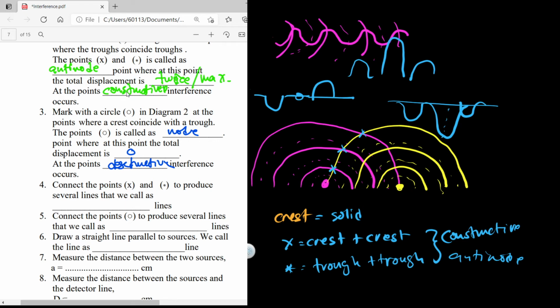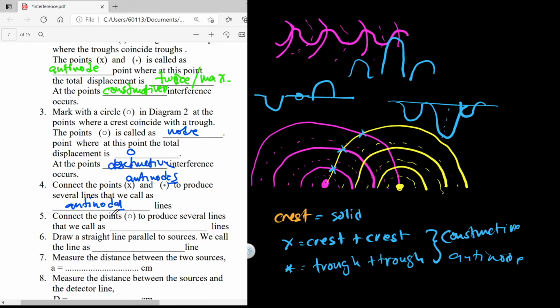X and star are constructive, so they are antinodes. We connect all of the antinodes to produce several lines, and we call these lines antinodal lines. Antinode for the points, antinodal for the lines connecting all of the antinodes.